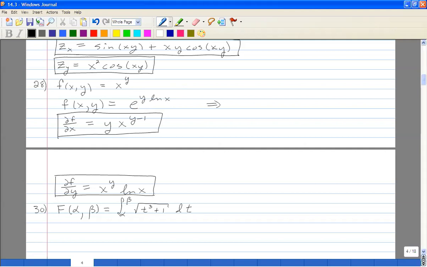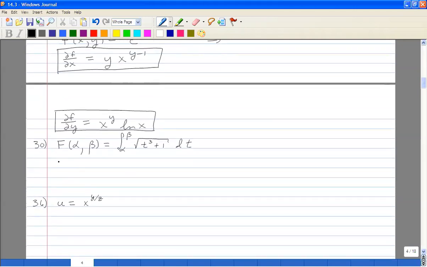30. Let's take the partial with respect to alpha. Well, let's use the fundamental theorem of calculus. So the derivative of the antiderivative is just the integrand, where I'm treating alpha here as my variable.